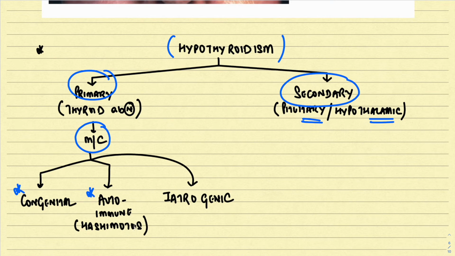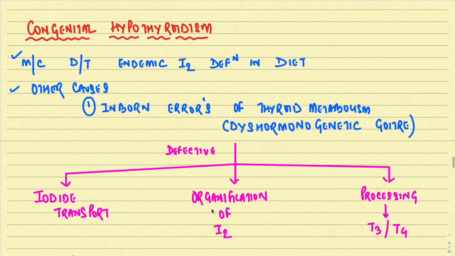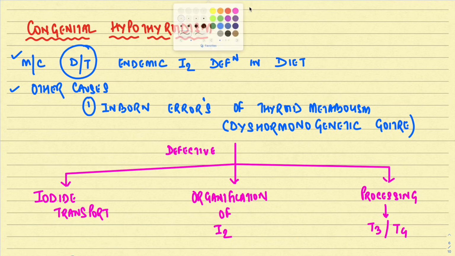Under autoimmune, we have Hashimoto's thyroiditis especially, which is responsible for hypothyroidism. And if you remember, lymphocytic thyroiditis was hyperthyroidism. There can also be some iatrogenic causes induced by the physician or because of some other treatment. Now first we will discuss congenital hypothyroidism. It is most commonly due to endemic deficiency of iodine in the diet.